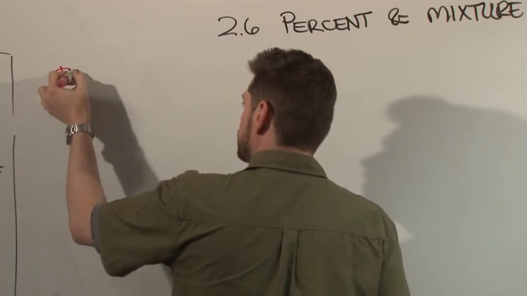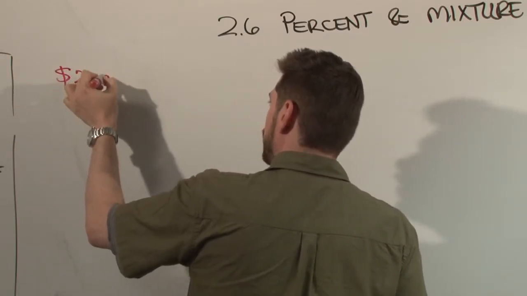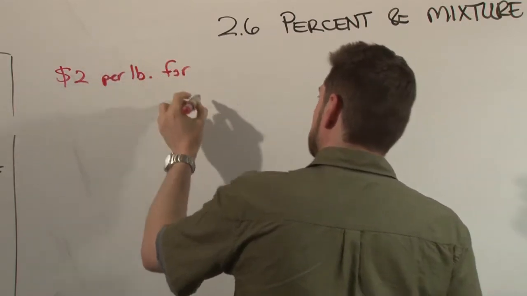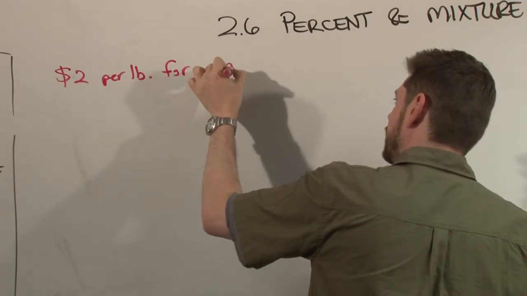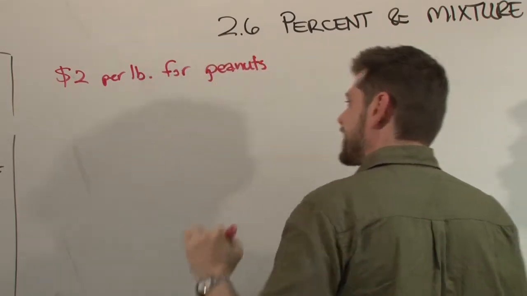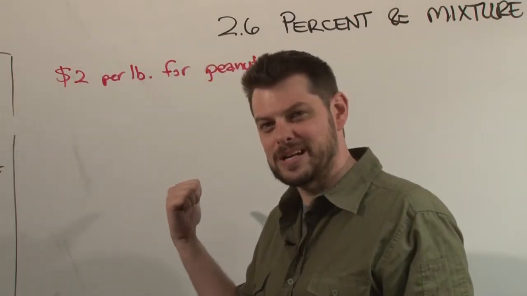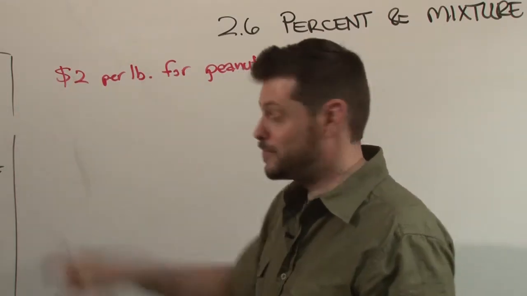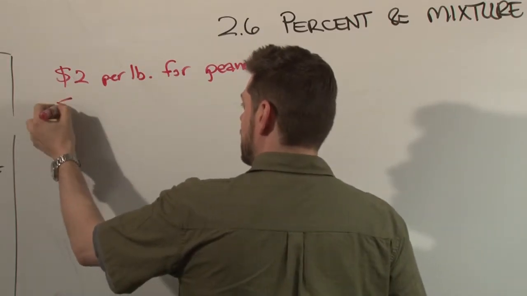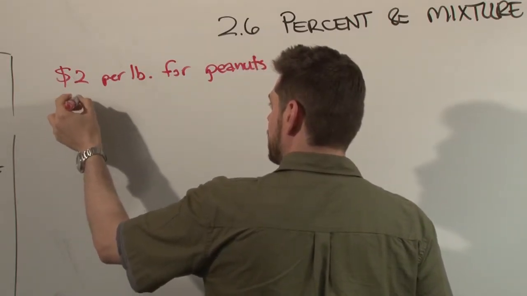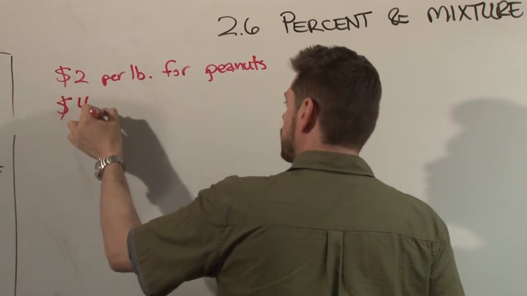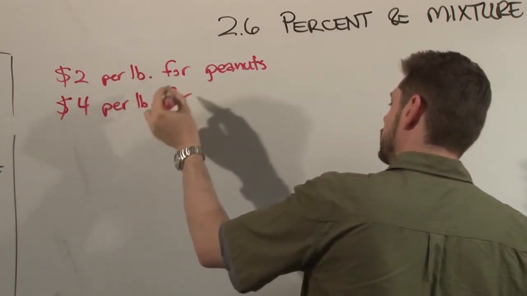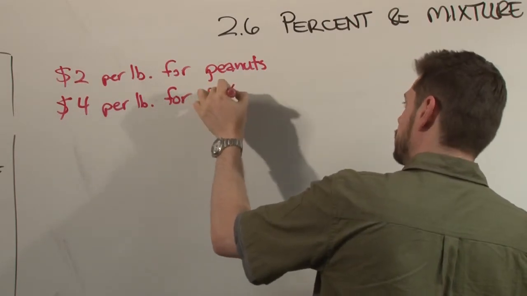Let's say that it costs us $2 per pound for peanuts. Okay. Not the preferred nut in my trail mix, but it's cheap. If I was doing almonds, it wouldn't be $2. Very expensive. So let's say that it costs us $4 per pound for M&Ms, right?